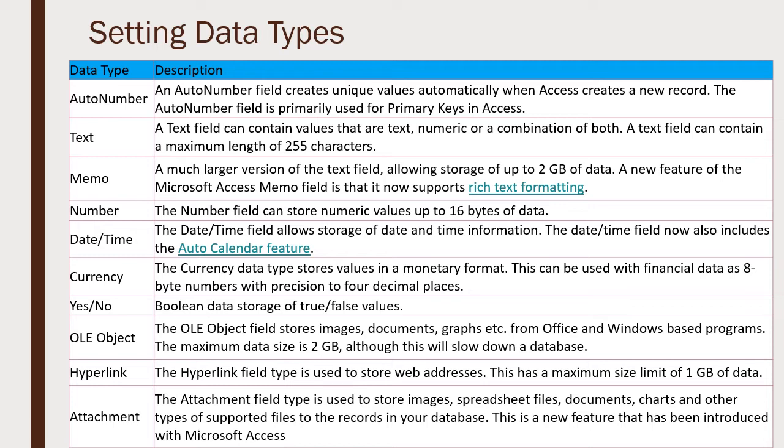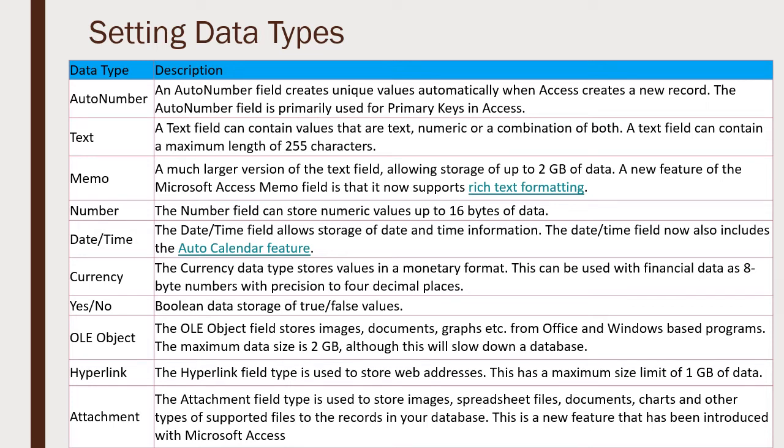Number. The number field can store numeric values up to 16 bytes of data. For example, currency like fees, and here we are allowed to do calculations, your marks of any subject also. Date and time is used to store date and time, for example, current date, date of birth, date of joining. Currency.